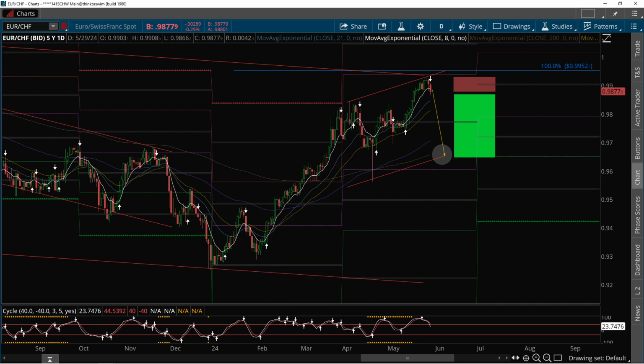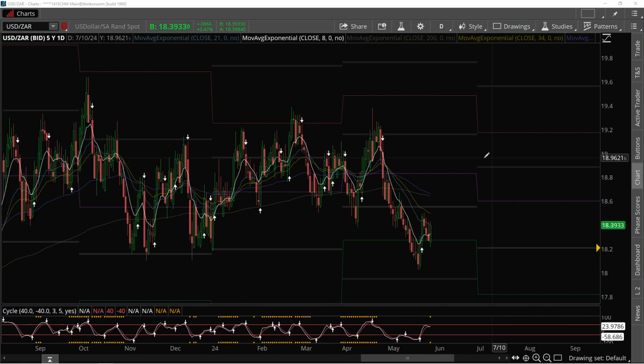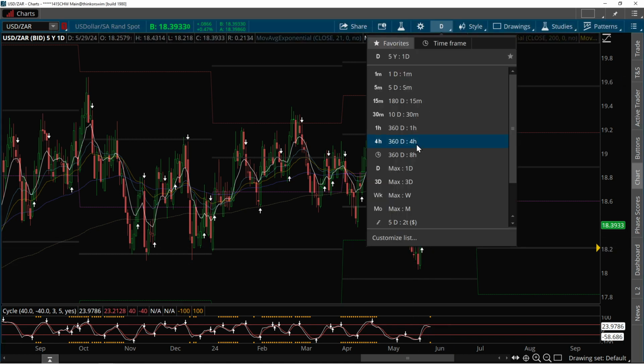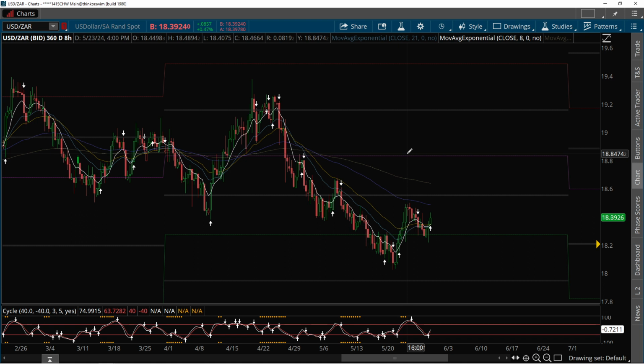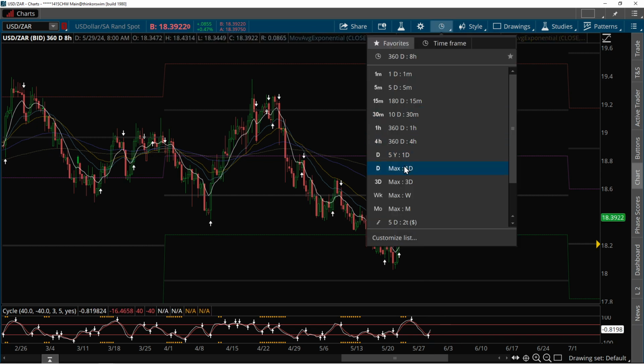The other one I wanted to cover was Dollar Czar. All right, Dollar Czar is giving you a monster entry right now. You got a daily close above the 8. We drop down to the 8-hour chart, and you're getting an 8-hour signal right now. This is an 8-hour high or low, and I went over this in the weekly Forex forecast.